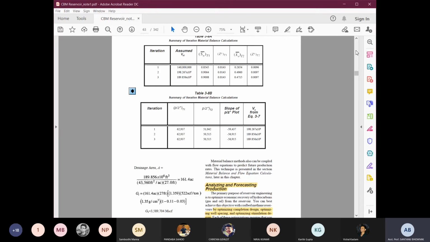This way, as there are many different parameters and a very large amount of data, it is not possible to do this manually. So computer reservoir simulation models and different software are available. With that software, you can see very accurately how a small variation of some parameter affects your production.